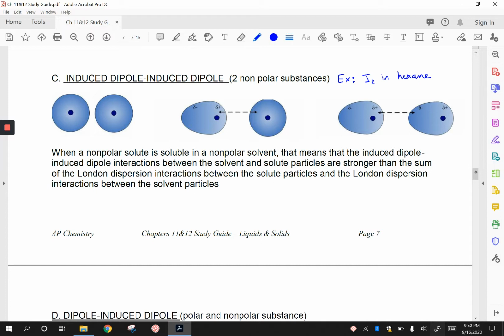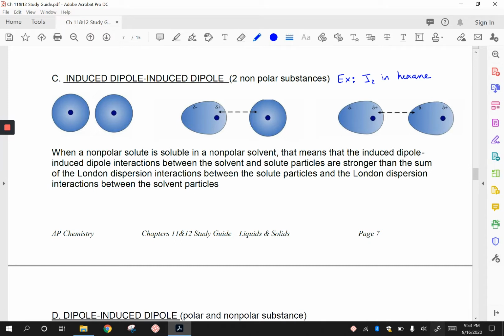What that does is it makes the neighboring molecule do the same thing. Because this is partially positive here, now the electrons move this way. So now both molecules have a partial negative and partial positive, and now there's an attraction right here. This attraction is induced because one molecule forces the other molecule to move its electrons. And so we call this induced dipole.